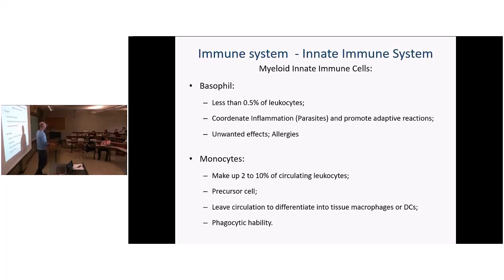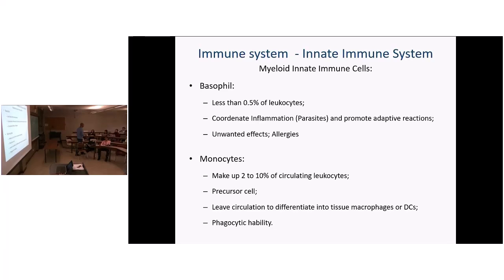Monocytes. Monocytes are just this precursor cell, and the importance here is that it is going to give rise to other cells. They are produced in the body, they circulate for a few days, and then they spread through the organs.